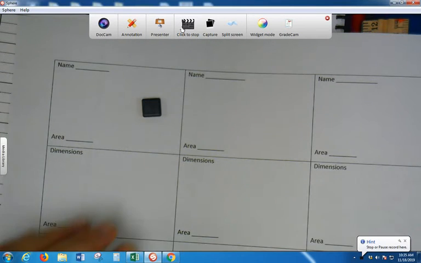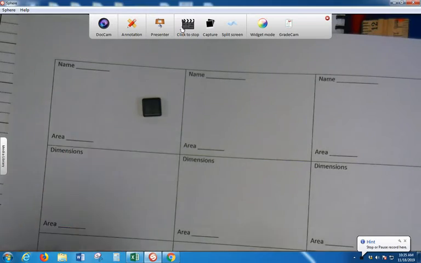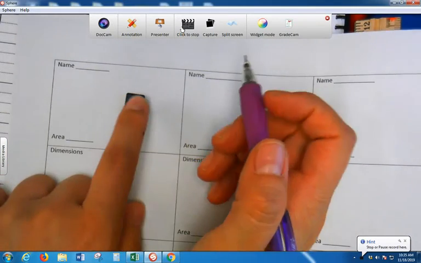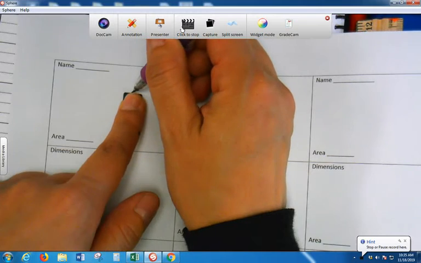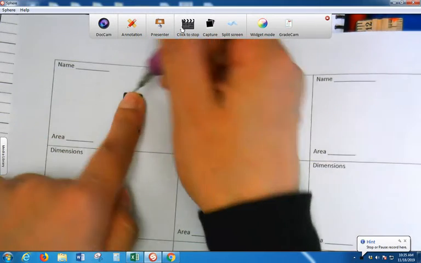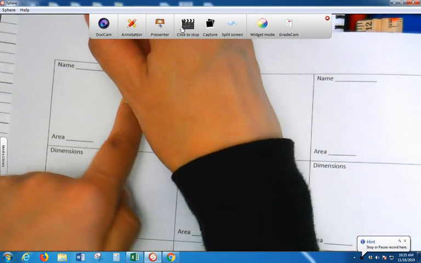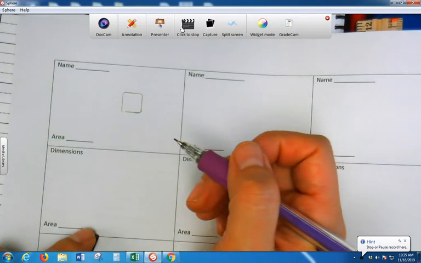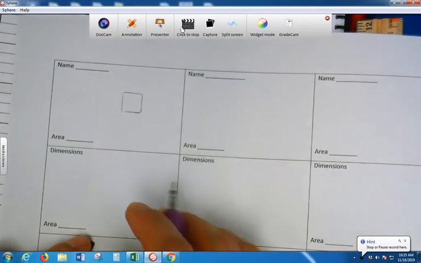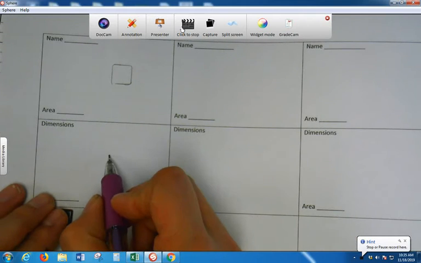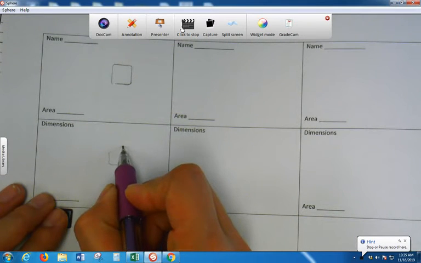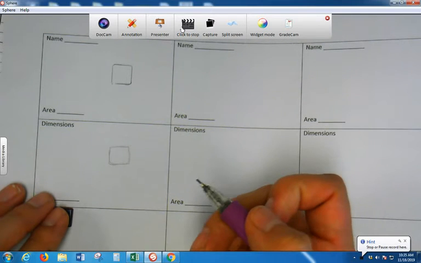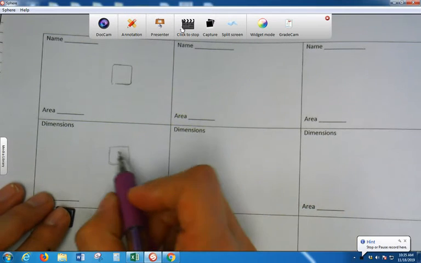Okay. What I would like you to do, to the best of your ability, is just trace this little square into the first box right here. Just like that. If it is too hard for you, you can just sketch it out. Look, I sketched this one out.